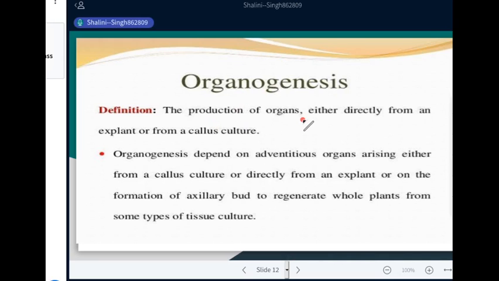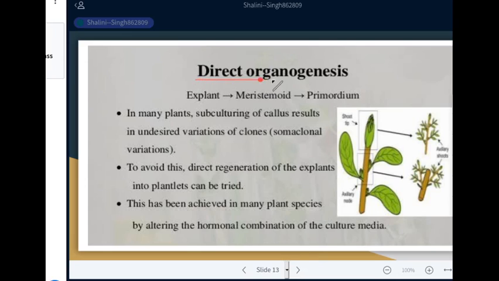Organogenesis is the production of organs either directly from an explant or from a callus culture. Organogenesis depends on adventitious organs arising either from a callus culture or directly from an explant, or on the formation of axillary buds to regenerate whole plants in tissue culture. There are two types of organogenesis. First is direct organogenesis.